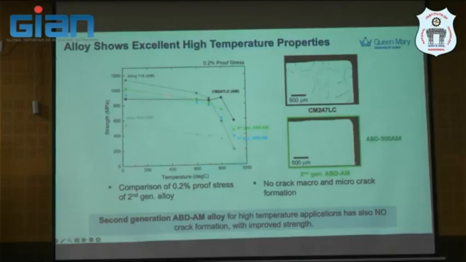And in terms of the second generation, we do the same. You will see the green line here. At 900 it is printable and actually performs better than the first generation series, and you can see it without cracks. The second generation also has no cracks and improved properties. So the performance of the material goes up to 900 centigrade.